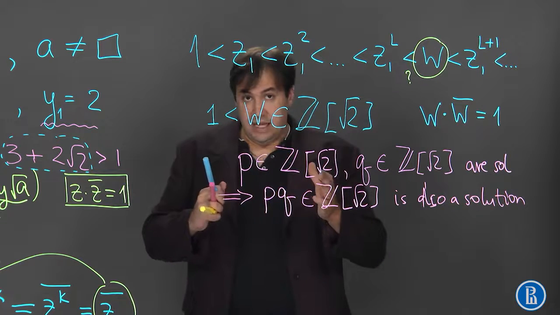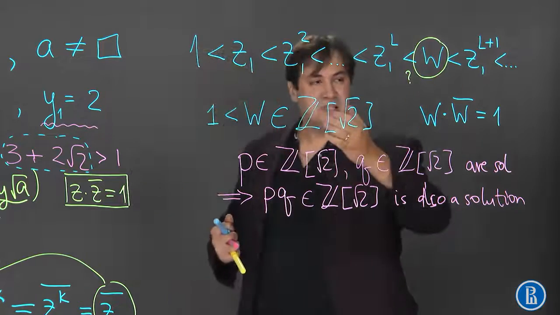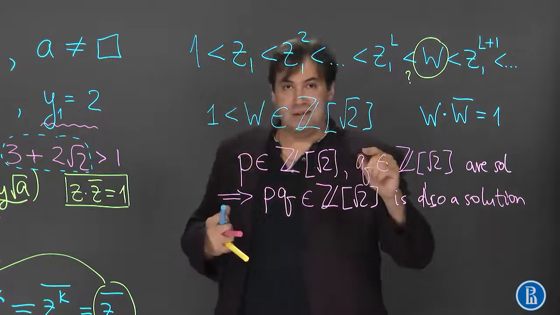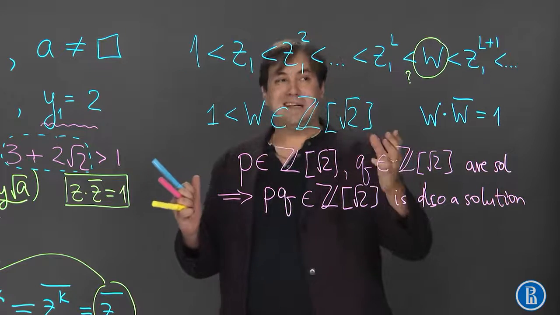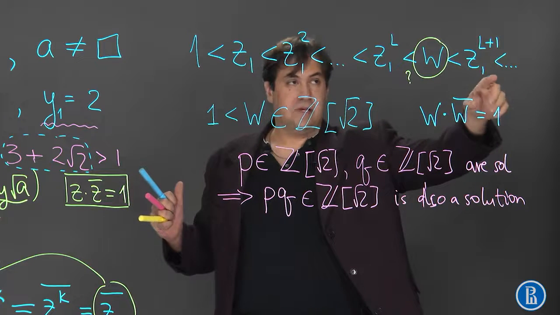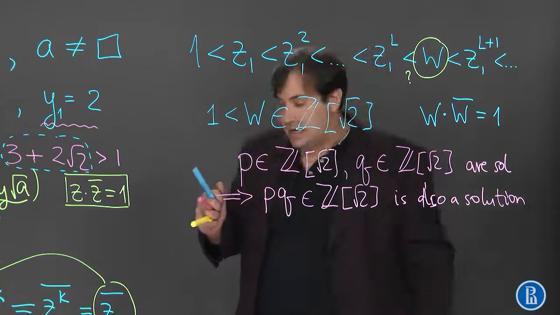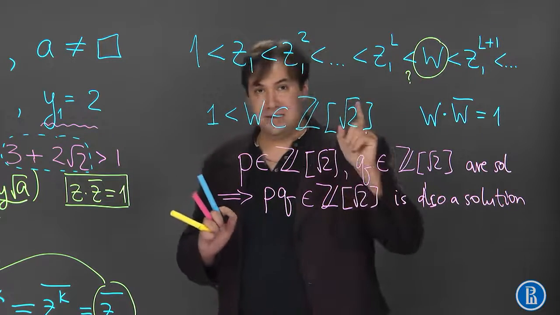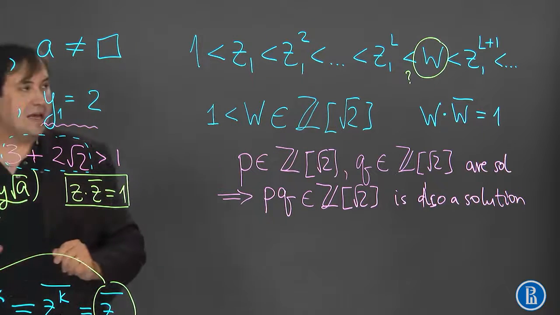Now, take this intruder of ours, w. We suppose that it is a solution, and multiply it by another solution. Which one? We can multiply it by z1 and gain something even greater than the next element of this sequence. But we can multiply this w by z1 conjugated, which is over here.